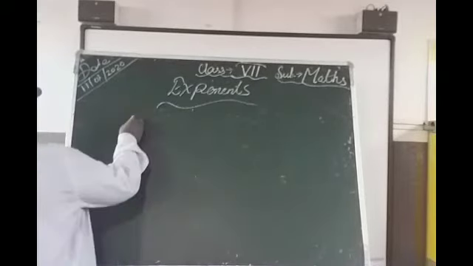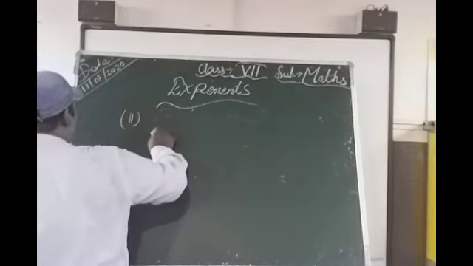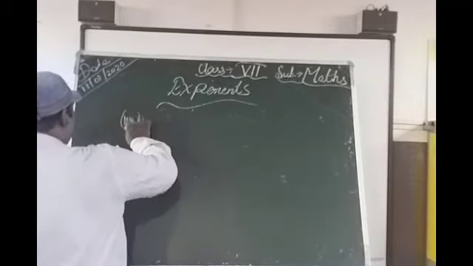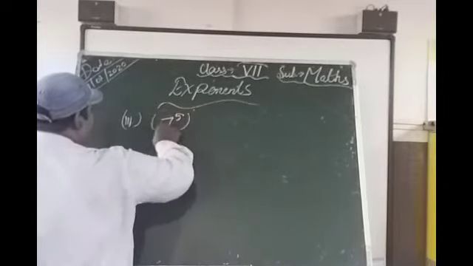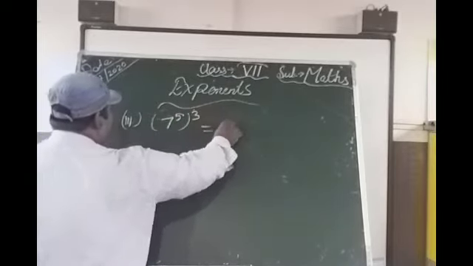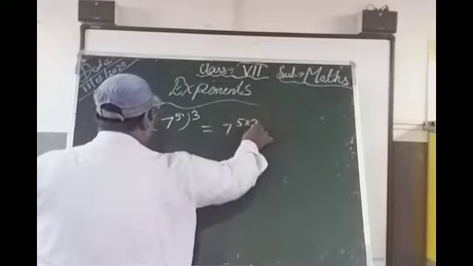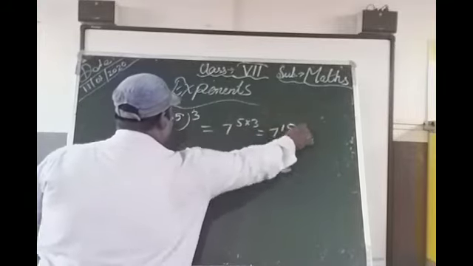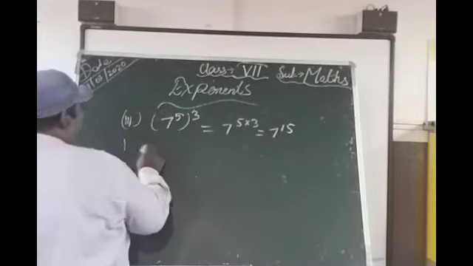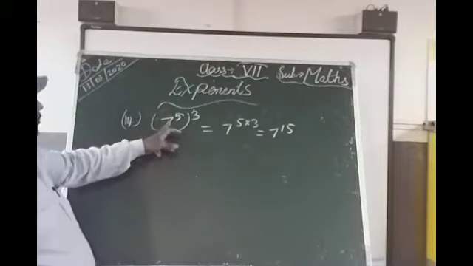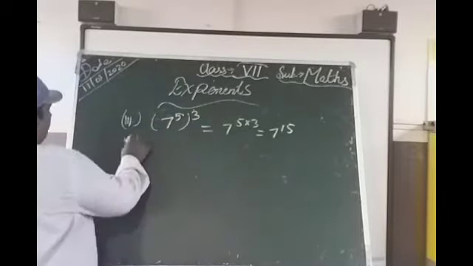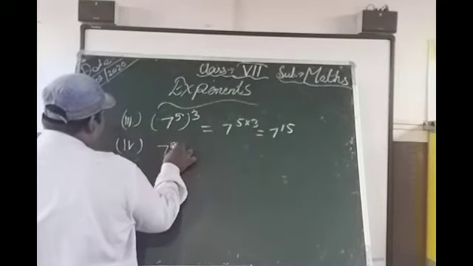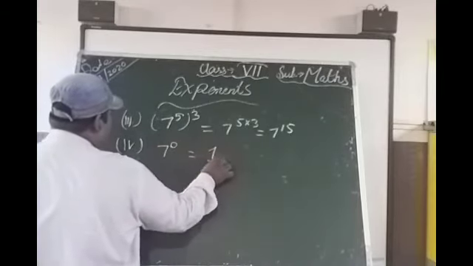Now another question related to that. Suppose that 7 power 5, then power 3, then you can write 7 power 5 into 3, 7 power 15. What law have we used? A power m, then bracket power n, then it will be multiplied. Suppose that it is written 7 power 0, then the value will be 1.